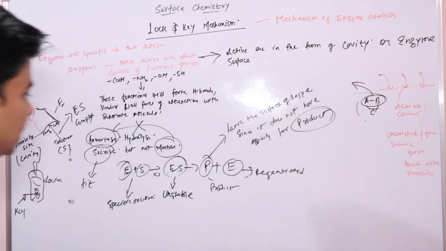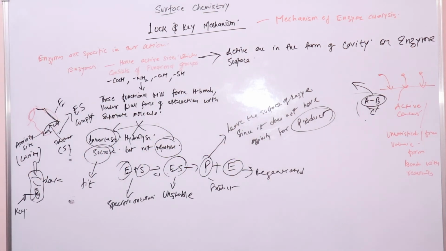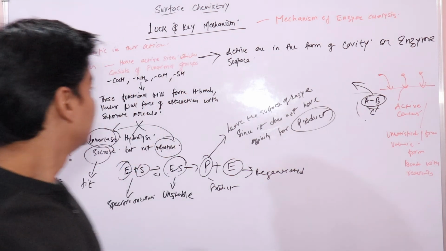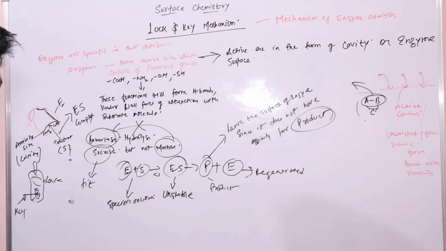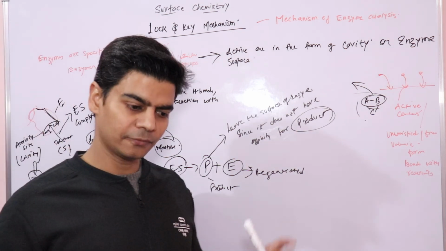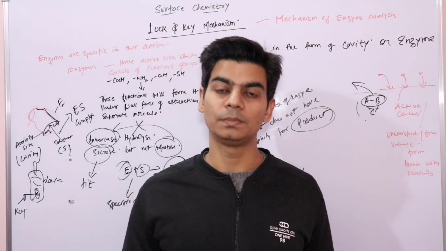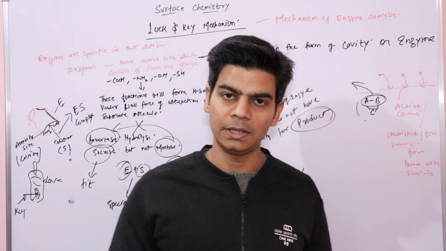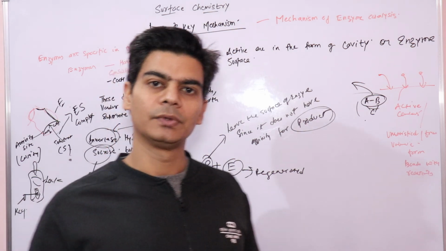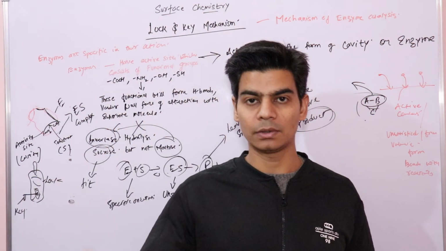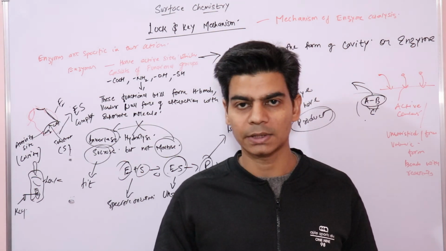So this is how enzyme catalysis works. Let's just brief quickly. You have the enzyme, and on the surface of the enzyme we have active sites. Those active sites contain active or reactive functional groups that will react with the substrate or reactant molecules through hydrogen bonds or van der Waals forces of attraction.